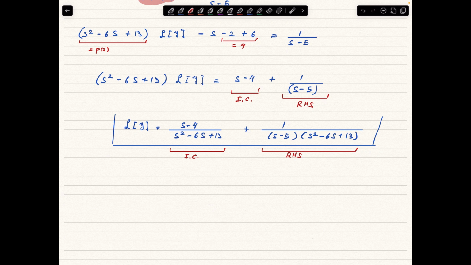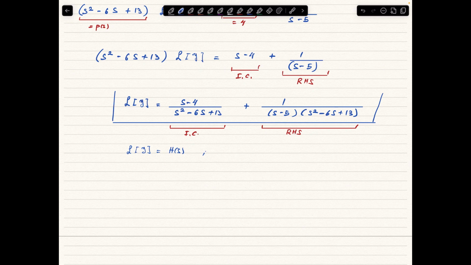And now what we need to do is rewrite this function that we have, what we have called h of s before. Let's write it down as the Laplace transform of y is some function h of s, where h of s is obviously this.